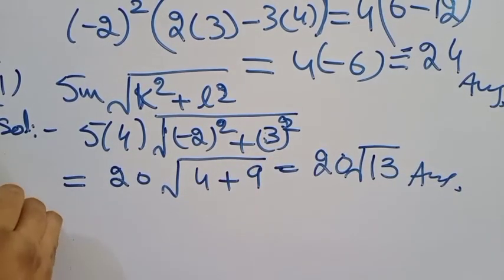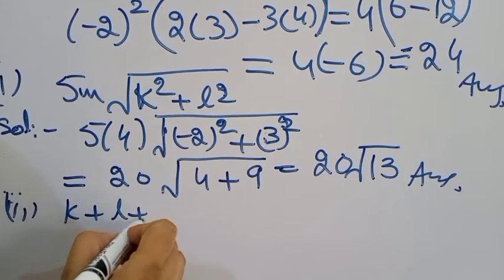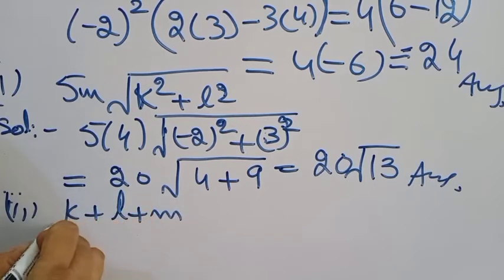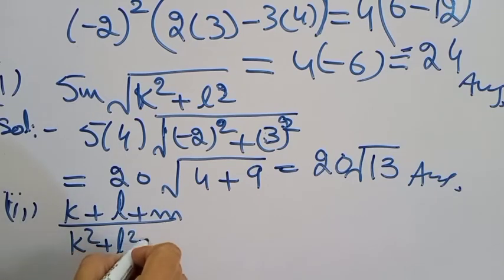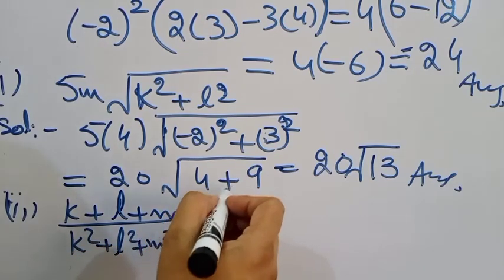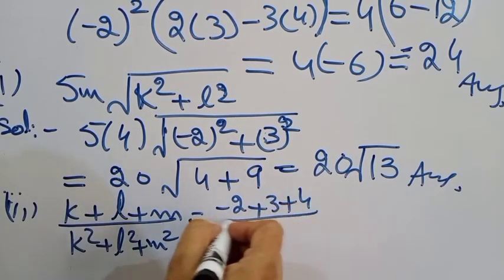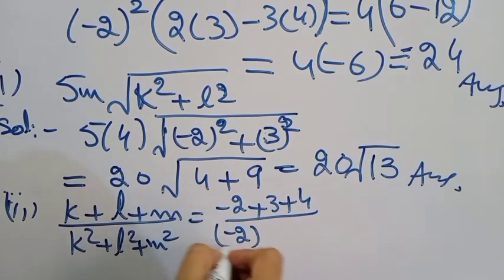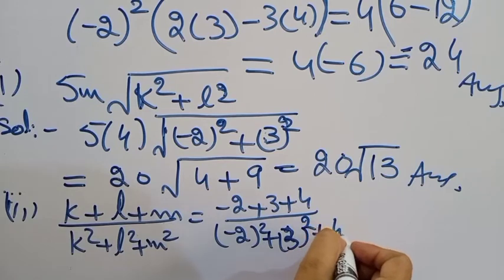Third part, k plus L plus m divided by k square plus L square plus m square. This is equal to -2 plus 3 plus 4 divided by -2 square plus 3 square plus 4 square.